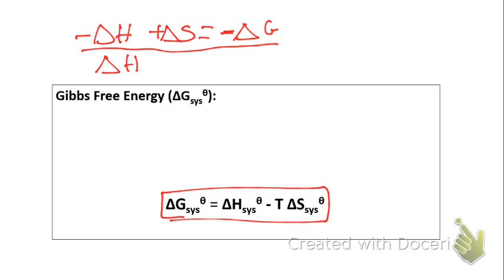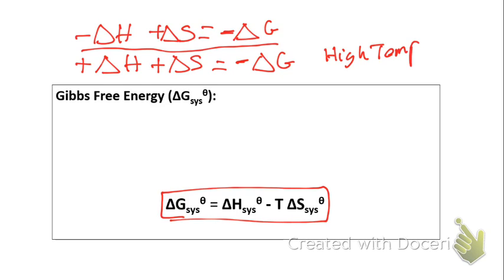If delta H is positive, delta S is positive, delta G will only be negative if what? Well, it depends on the temperature, right? So it will only be negative at high temperatures, okay?